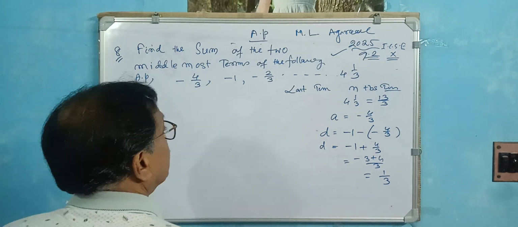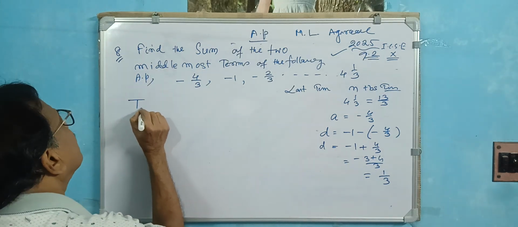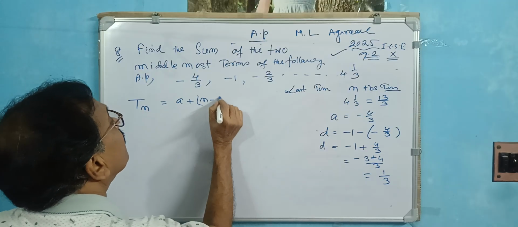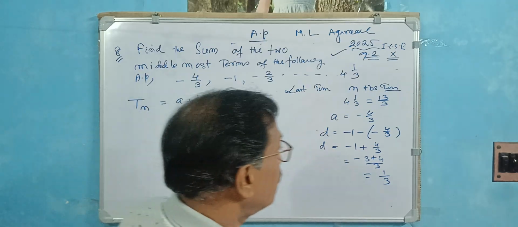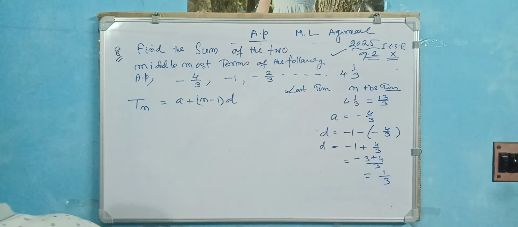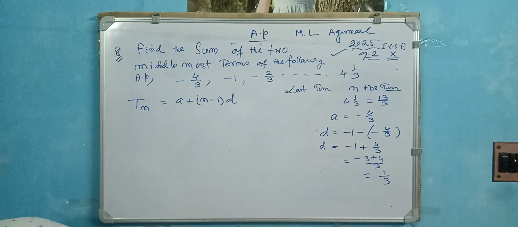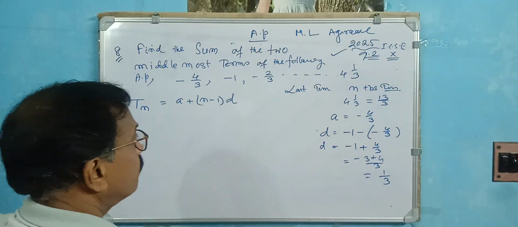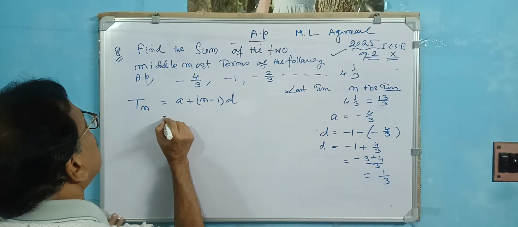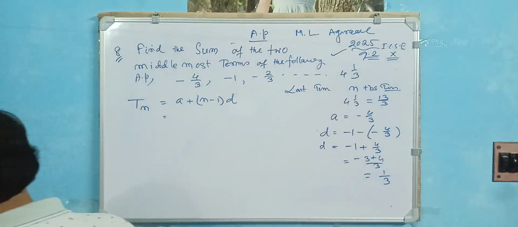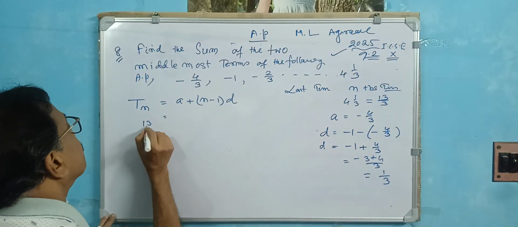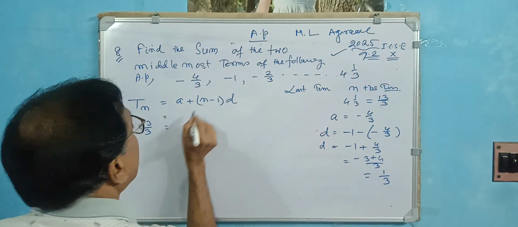So now the Tn is equal to A plus n minus 1 into D. First to find out the n. What is the value of the n term? What is the number of terms actually? Find out the value of n. What is the total number of terms? First you calculate. So the nth value is this 13 by 3. First to calculate the n.